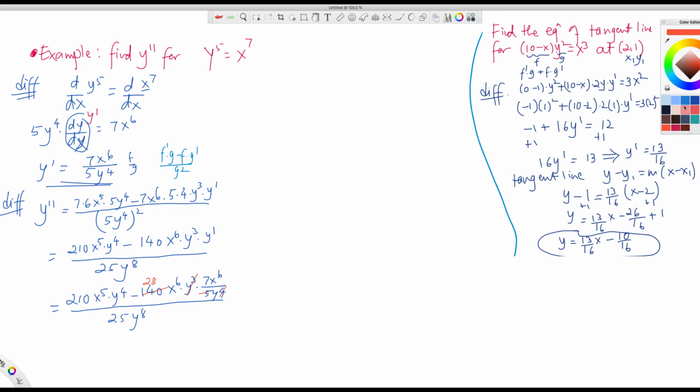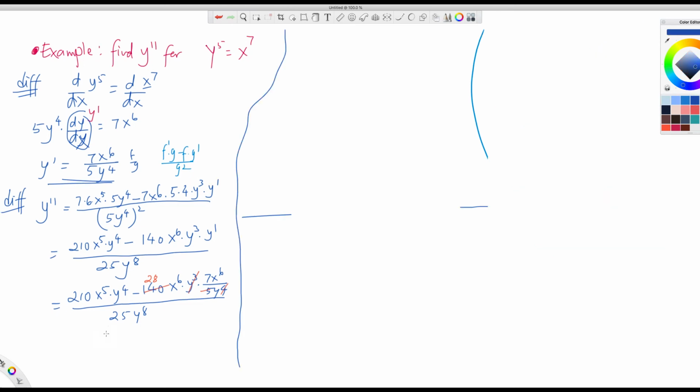So you will get 210x to the 5 times y to the 4 minus, what is 28 times 7? 196. And then x to the 6 times x to the 6, divided by 25y to the 8. You see that?